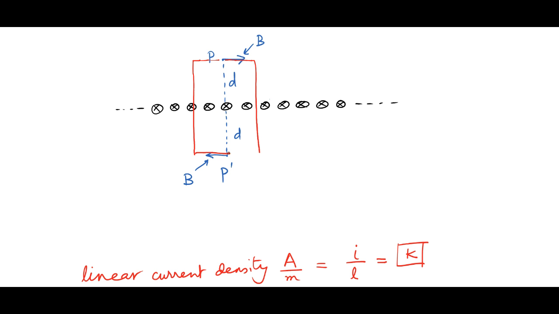Okay, it passes through P dash as well as through P. Now let's imagine traveling through this Amperian loop in the clockwise direction like that.